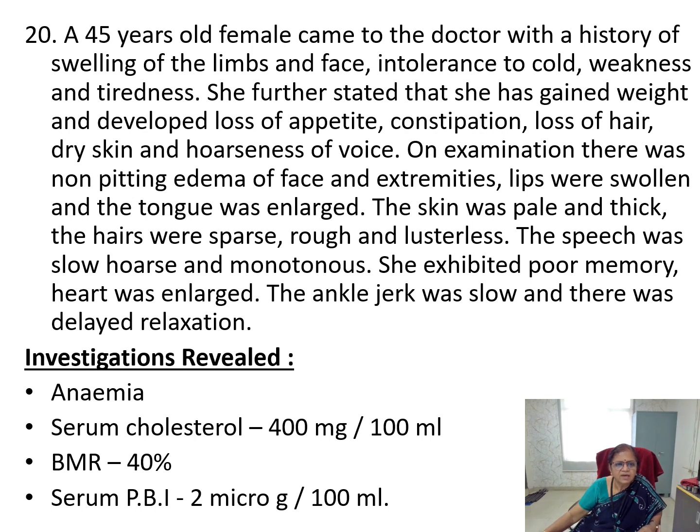Here the features suggest a 45-year-old female, and all the features of slowness suggest that there is something like a hypothyroidism condition. What could the hypothyroid condition in adults be? Here age is very important.